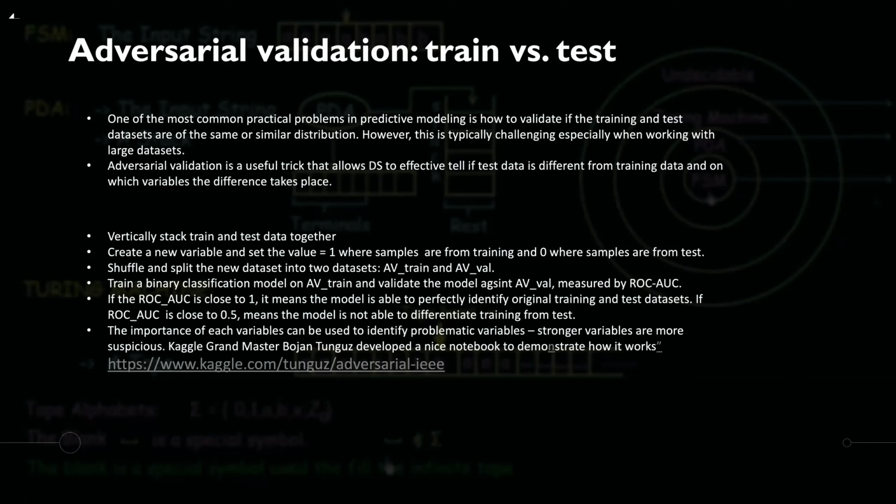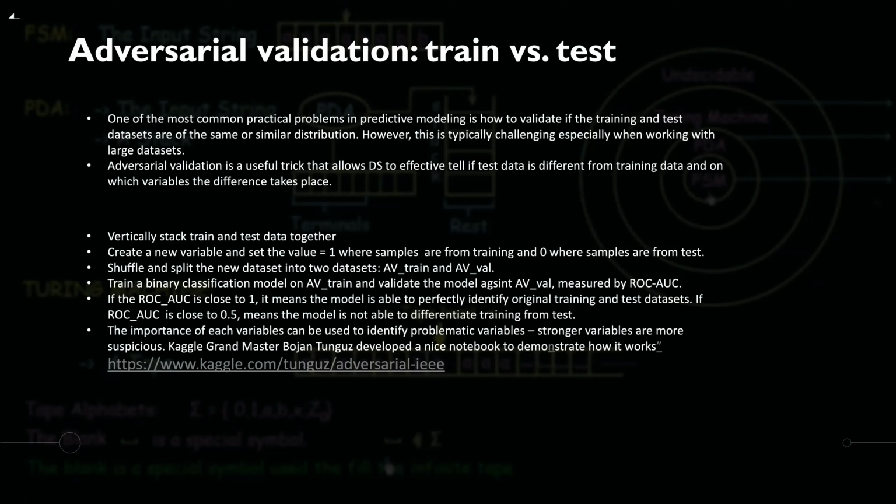Or if the AUC-ROC is close to 0.5, it means the classification model has no clue which examples are from the original training data set and which are from the original test data set, right?